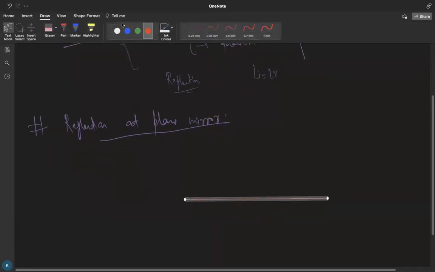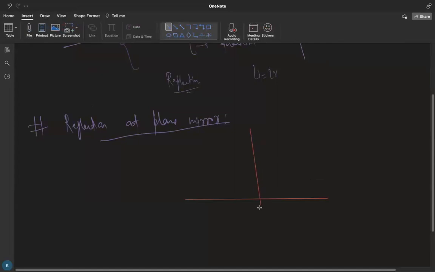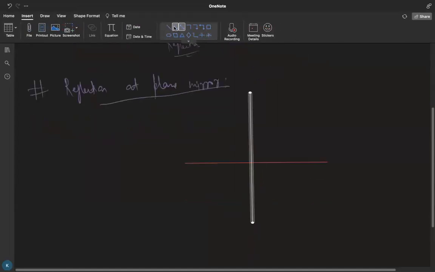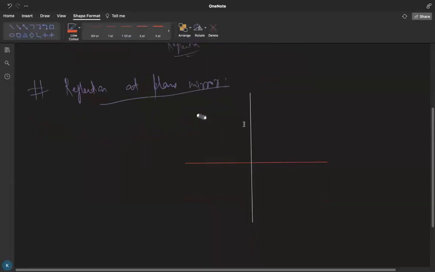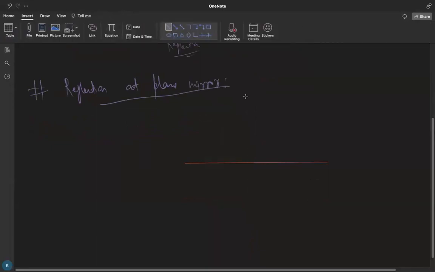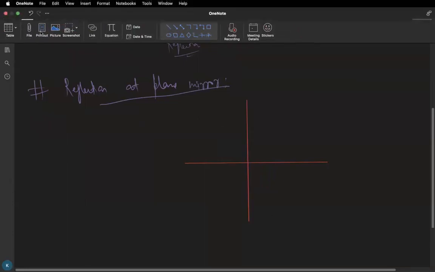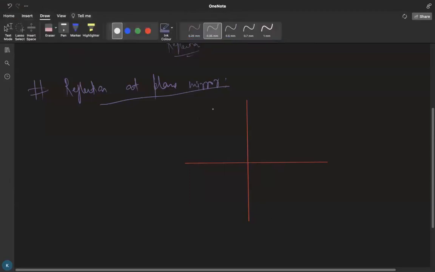I have to draw the normal as well. So this is actually our normal, this is our plane.